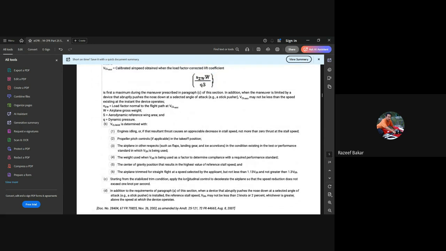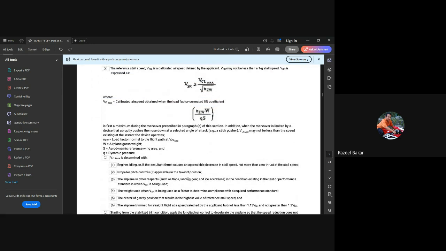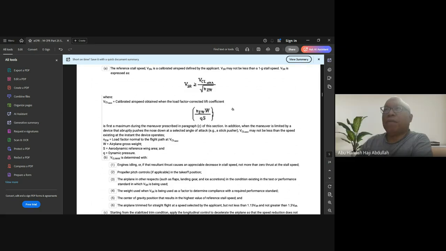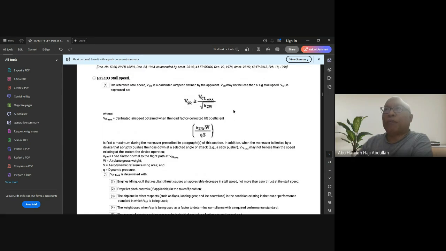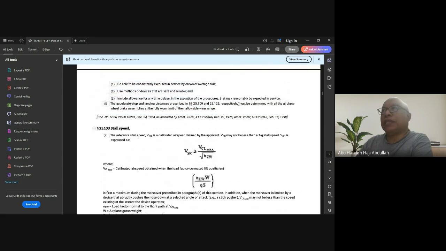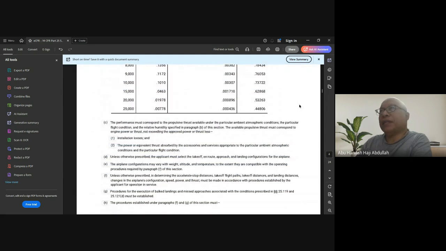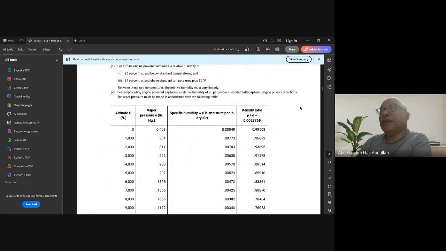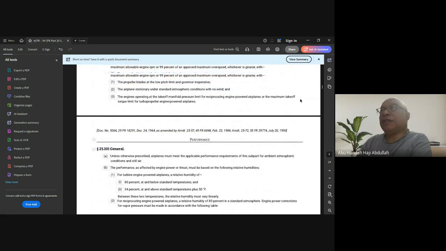One question, Prof. If this requirement can be shown via computational fluid dynamics on a PC, is it still required to perform a test flight? By rule it is allowed, but the problem is the similarity in accuracy.